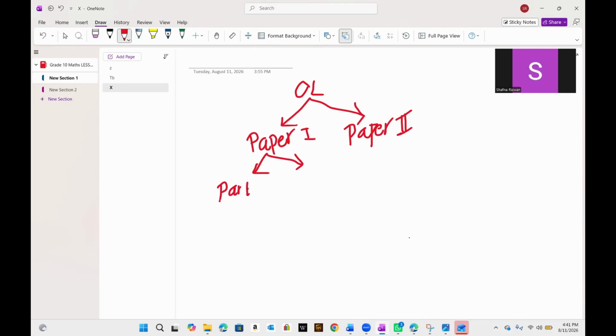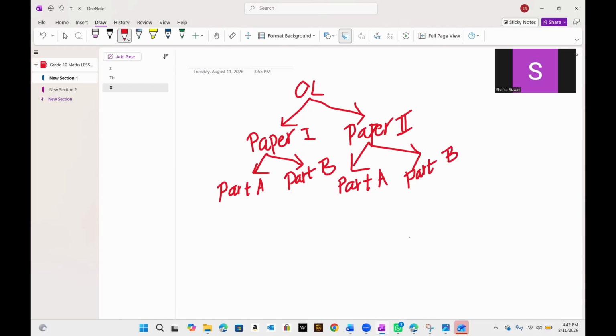You have part A, and then you have part B. Again, if you take paper 2, it also has two parts. What are the two parts that you have? You have part A, and then you have part B here also.